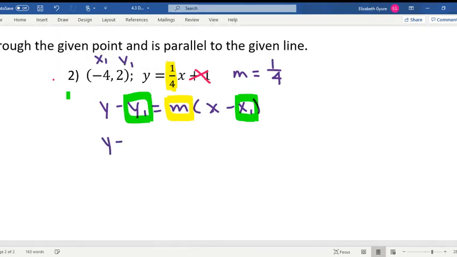All right, so let's go ahead and plug in what we know. We're going to have y minus y1, which is y minus 2, equals m, which is 1/4, times x minus x1, which is -4. All right. Somebody at home, what would my next step be? Aaron, what do you think I would do now?